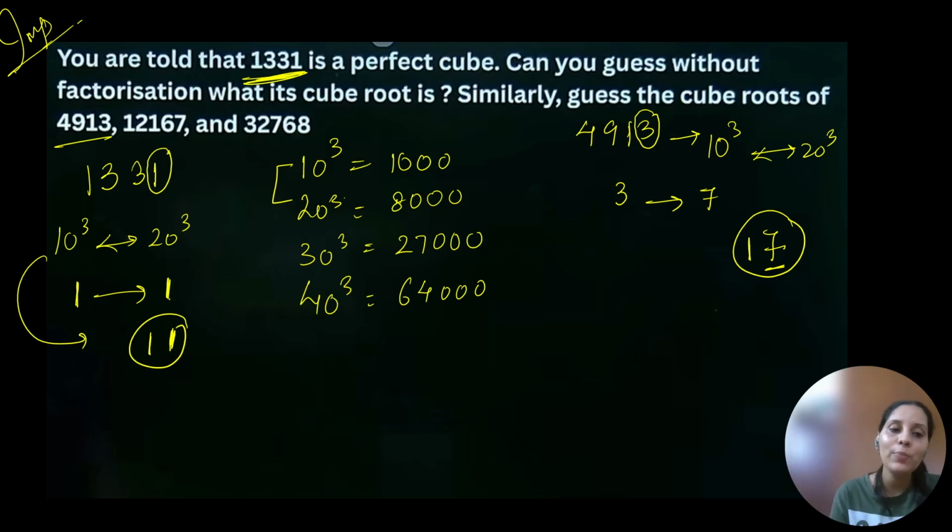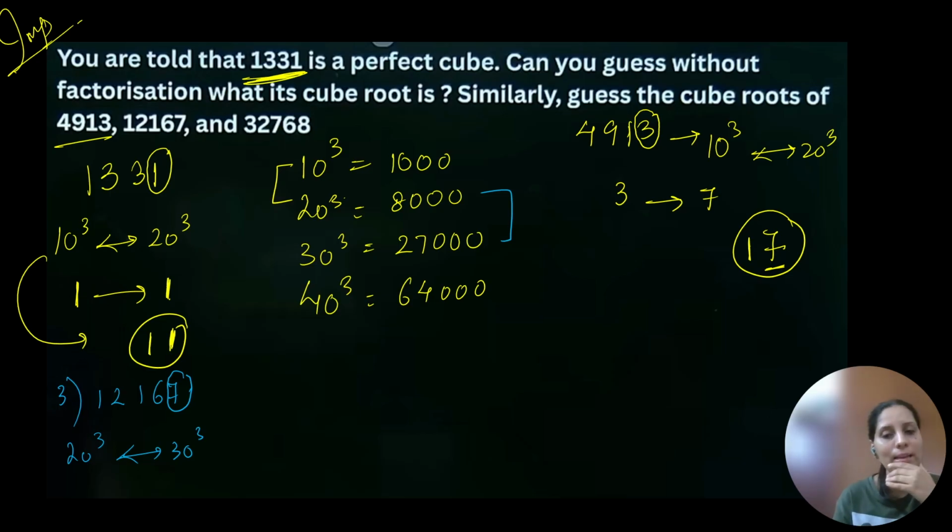All right, let's do one more. 12167. This lies between 8,000 and 27,000, which is 20 cube to 30 cube. Let's see the ones digit, 7. So when do you get 7? When a number ends in 3, its cube ends in 7.